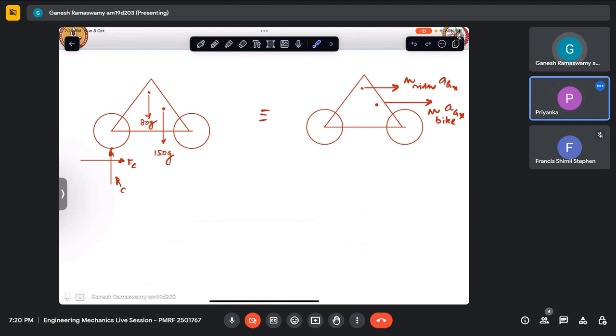Yes, impending motion of this point is in which direction? It is this way. Why, it is right? No, no, that's fine. This wheel as a whole, it is rotating, right?